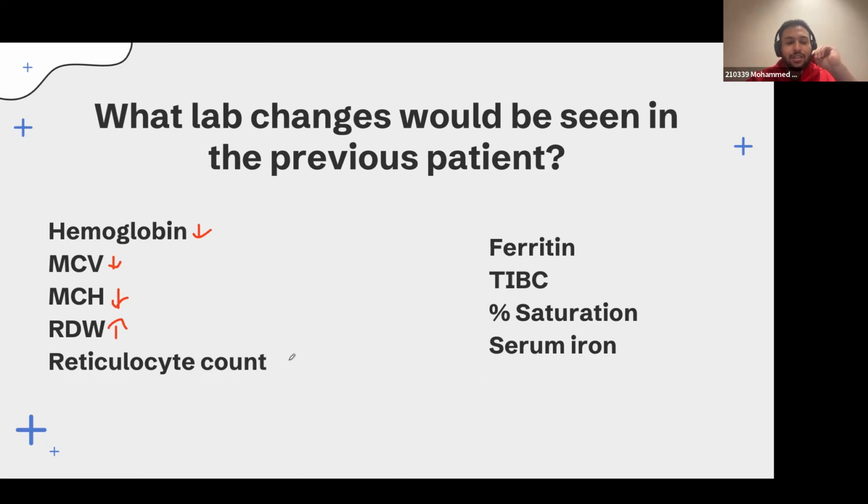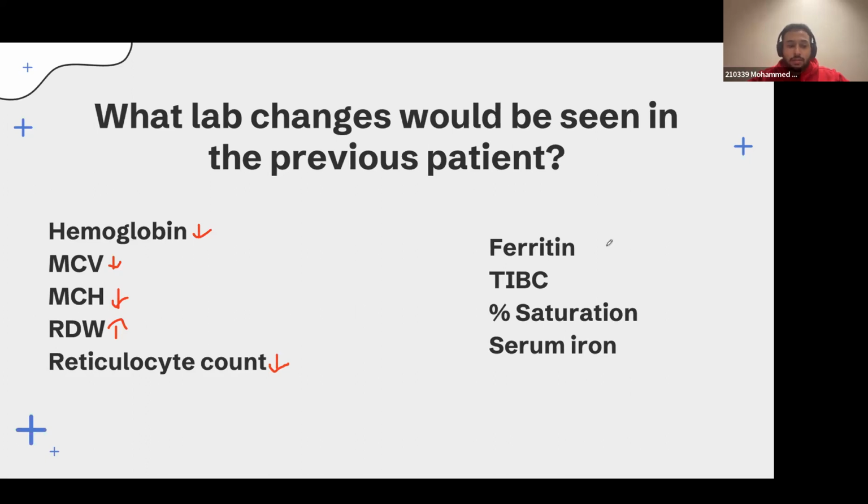Okay, good. How about reticulocyte count? It will be low because reticulocyte count is telling you that there's hemolysis, because in iron deficiency, there's no hemolysis. Okay, so this is low. The reticulocyte count would be high in hemolytic anemias.